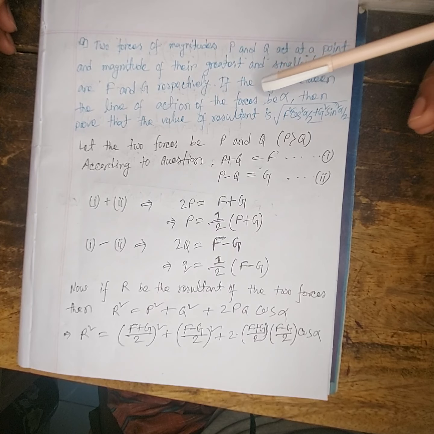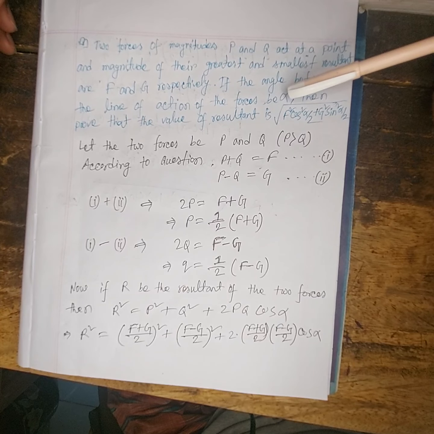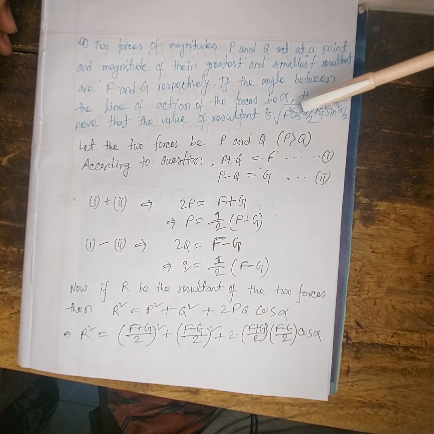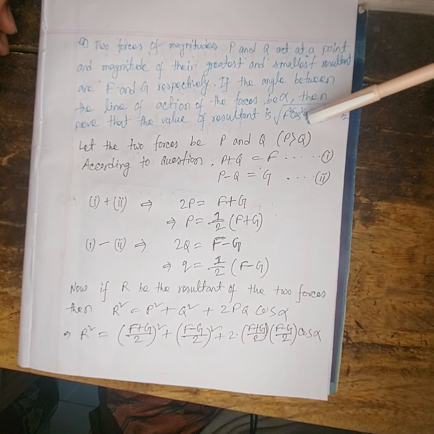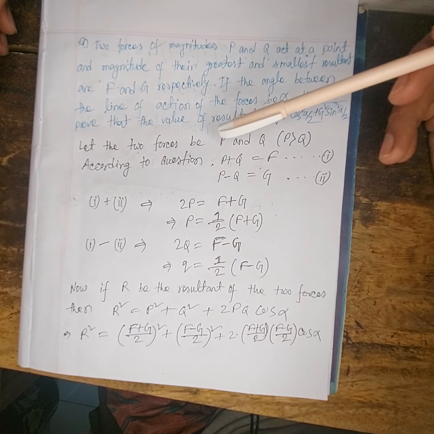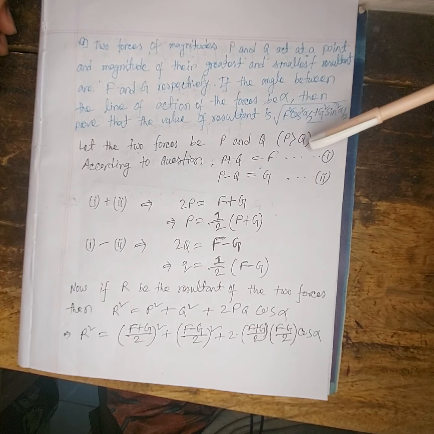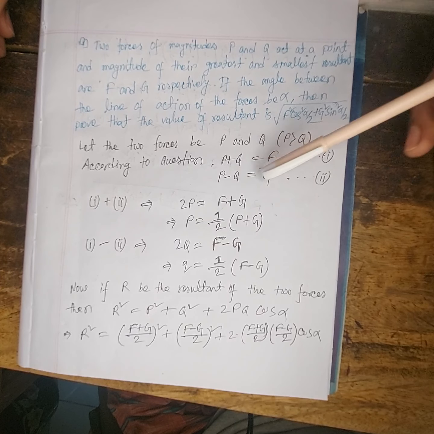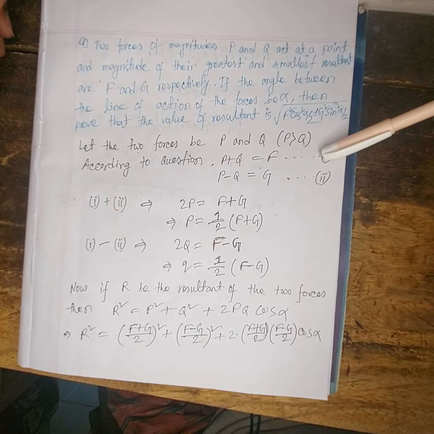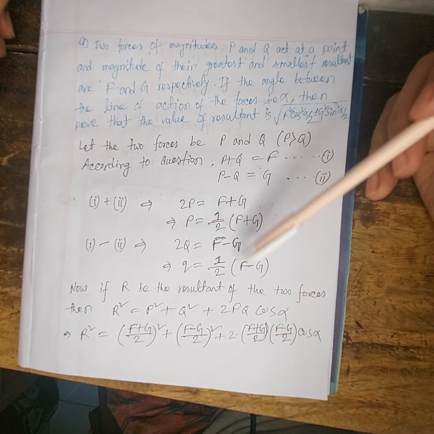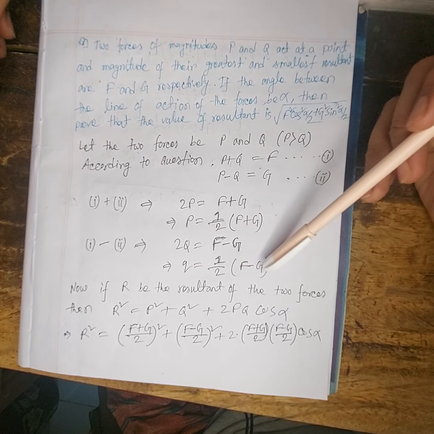If the angle between the lines of action of the forces be alpha, then we have to prove that the value of the resultant is the square root of f squared cos squared alpha by 2 plus g squared sin squared alpha by 2. Let the two forces be p and q, where p is greater than q. According to the question, p plus q is equal to f, p minus q is equal to g. By adding these two equations, we get p is equal to half of f plus g. By subtracting, we get q is equal to half of f minus g.